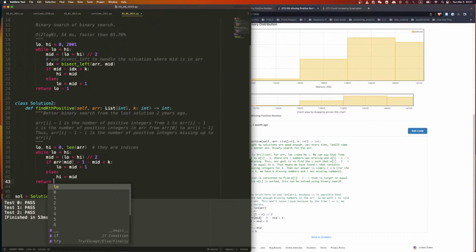Now we know we have that many missing. What do we return then? What we say is this in front of having that many, we have k missing. So it should be mid or low minus 1.